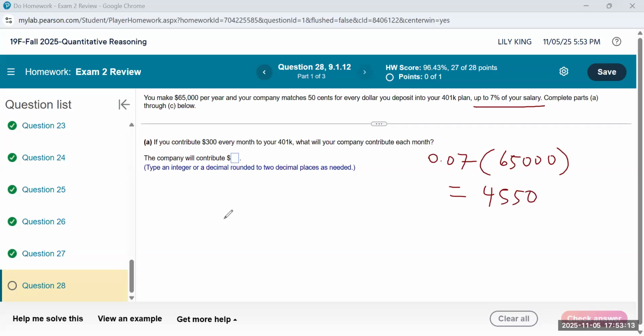$4,550. And you're matching 50%, so you take half of that. And this is for the whole year, so you have 2,275. And then since we are looking for the maximum the company will match each month, you divide by 12. And this is 189.58.